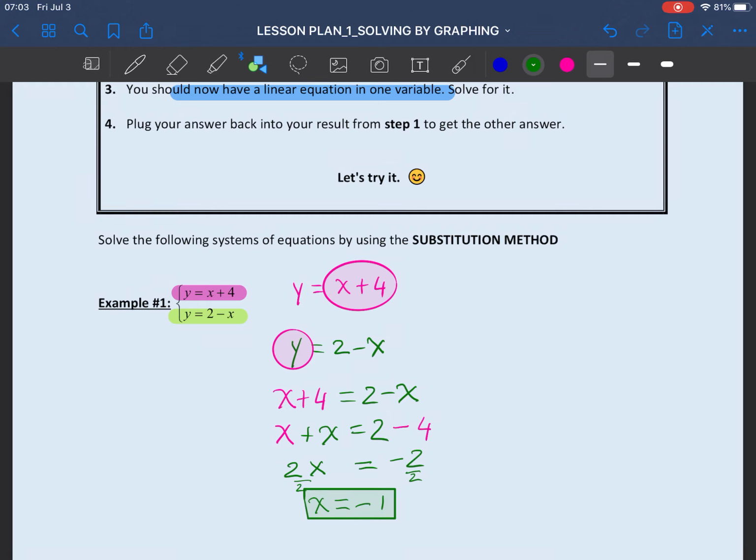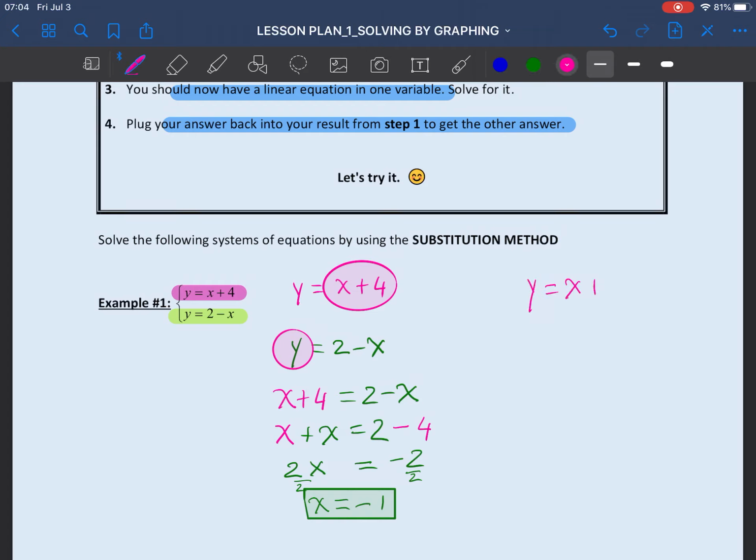Now, in order to figure out what the y-coordinate is, we need to take a look at the next step, which says we have to take this answer and substitute it into the other equation. So, which means x equals negative 1 must be substituted into the first equation so we can figure out what the y value will be.